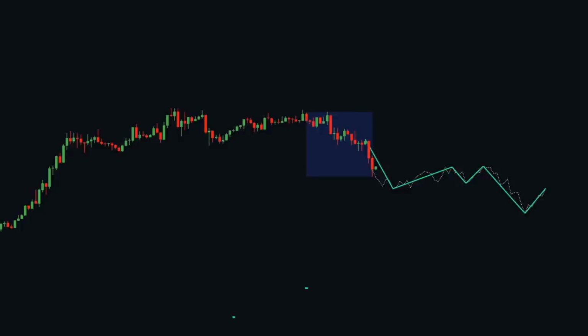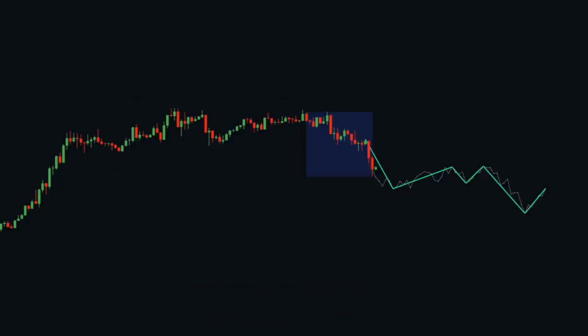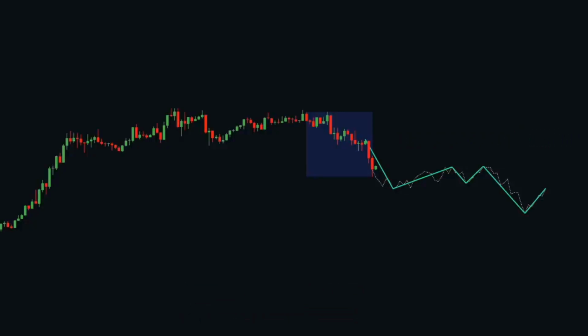Check out these features. First, the next pivot uses multiple similarity measures to compare up to 100 bars of historical price sequences, with the current price sequence allowing you to find the most similar past market behavior. Second, it can forecast the price path for up to 250 bars into the future, giving you insights into potential future price movements.